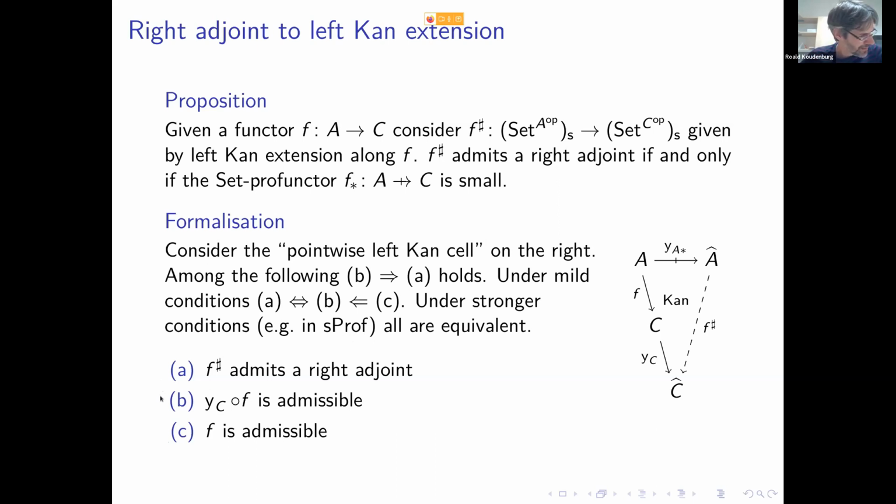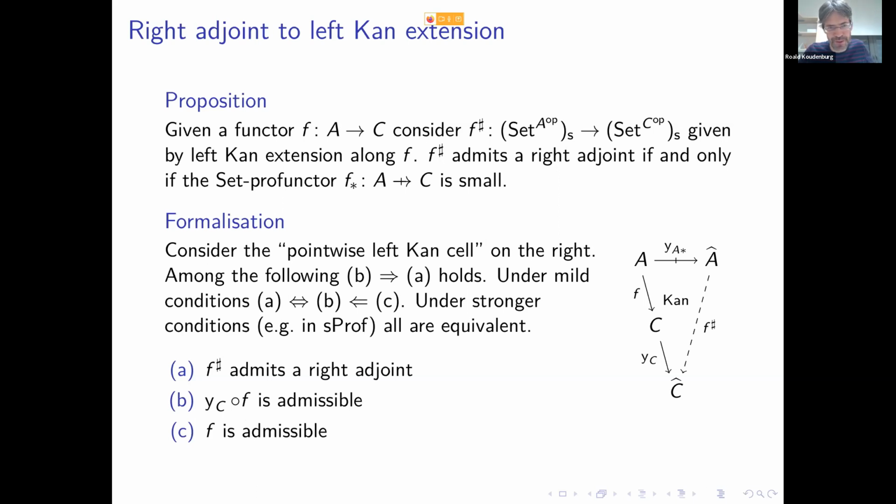In Yoneda structures, you can also prove that B implies A, but I would be surprised if you can also prove the converse, that you can obtain admissibility, because of that notion being isolated there, as I explained.